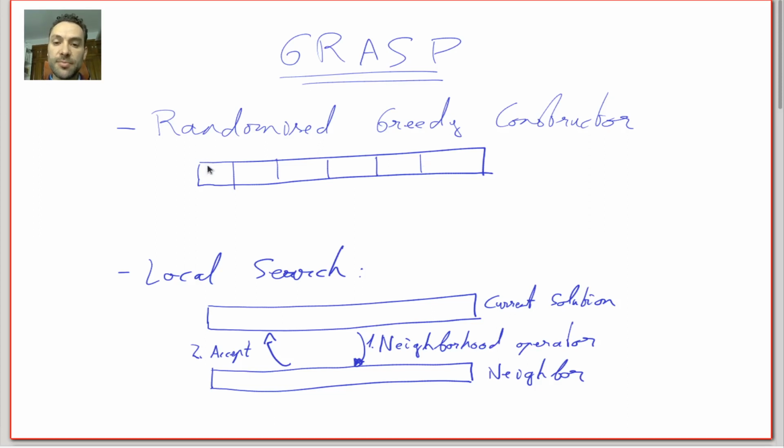So for instance, let's suppose that the best solution components that you could introduce here are A, B, or C, and the random decision finally takes B. So this is the solution component that has been introduced here.